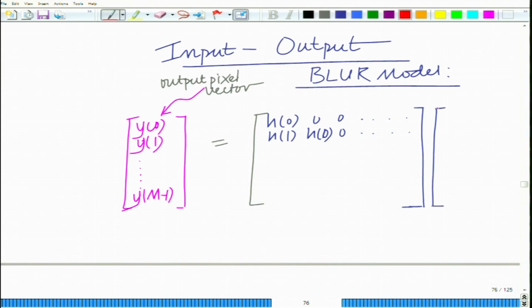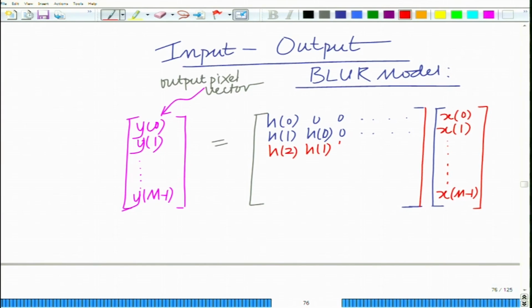This is x of 0, x of 1 up to x of m minus 1, and the second row is h of 2, h of 1, h of 0, and of course, you can also have noise.